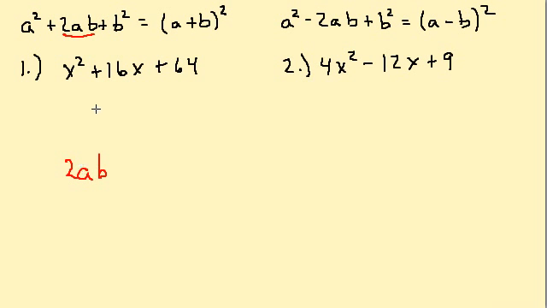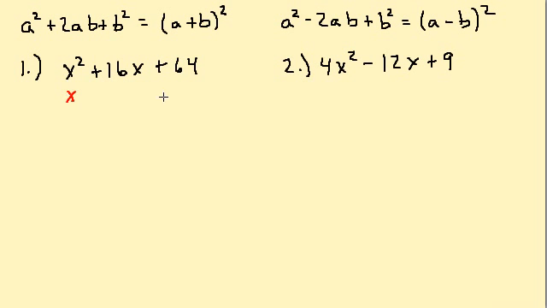So the way we determine if it's a perfect square trinomial is we take the square root of the first term, take the square root of the last term, multiply them together, and then double it, or multiply it times 2. Okay, so let's look at this first problem. I want to take the square root of x squared, which is x.